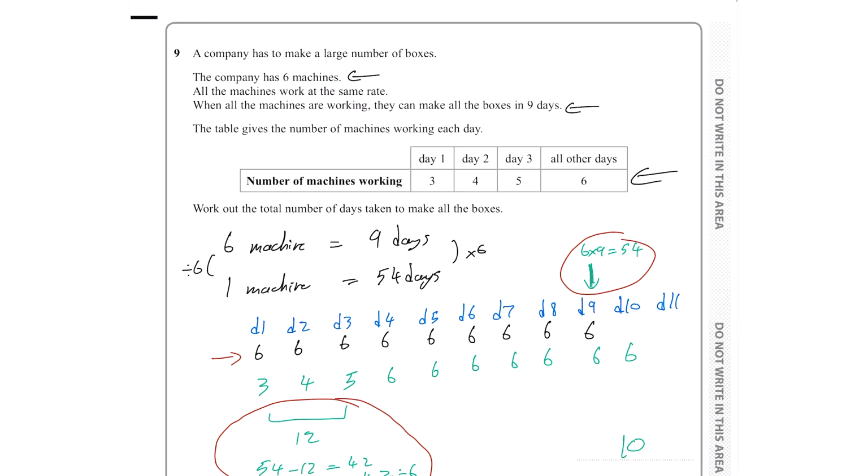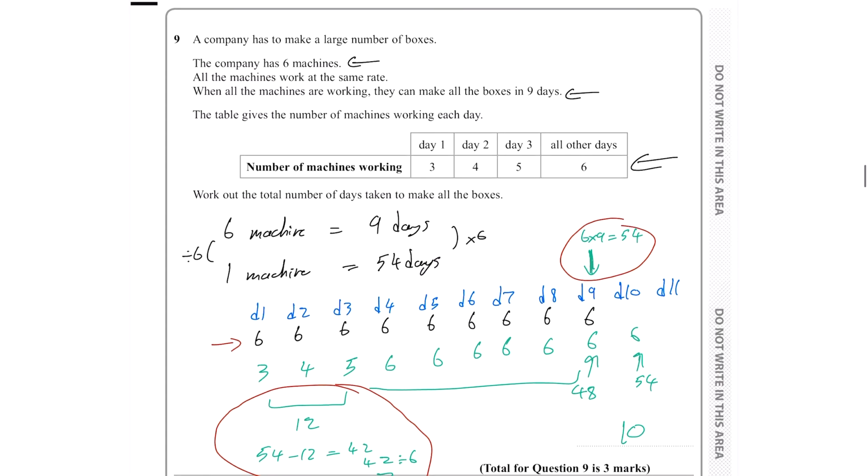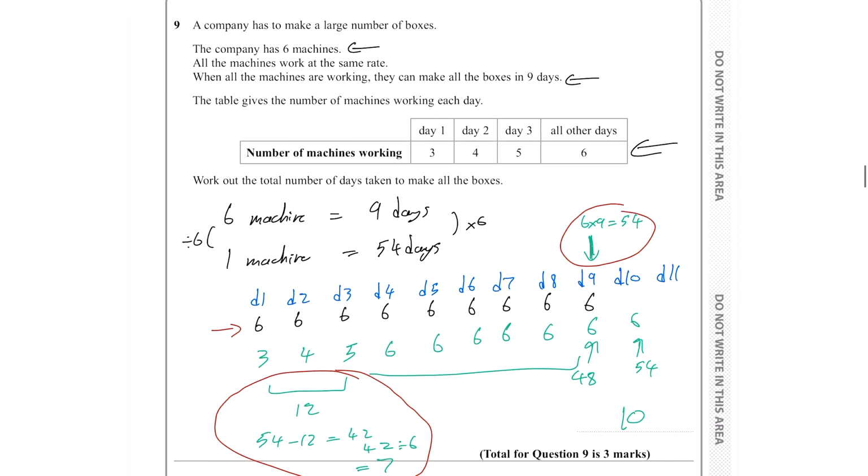Another way you can look at it is, if that's 12, you add 6 to 12, then add 6 again, and keep adding 6, and you'll notice that when you get here, this number is 48 if you add all of these together. And then what do you add to 48? Well, if you use 6 again the next day, you get to 54. That's another way you could have looked at it. But hopefully, I've gone in quite a bit of detail with this one, because it can be a little bit confusing, but hopefully that makes a bit of sense.